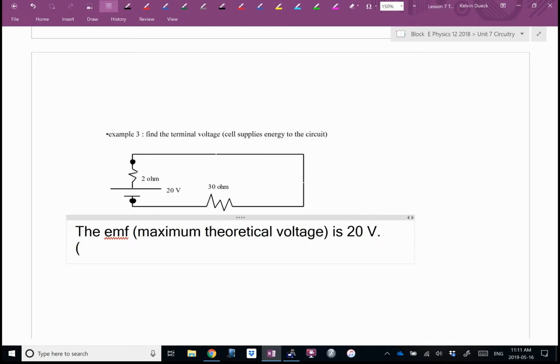Also, I should say it is constant. The printing on the side of the battery doesn't magically change when you put it into a different circuit. So this is a battery that's rated for 20 volts. This is the EMF. Now the symbol for EMF is that curly E.